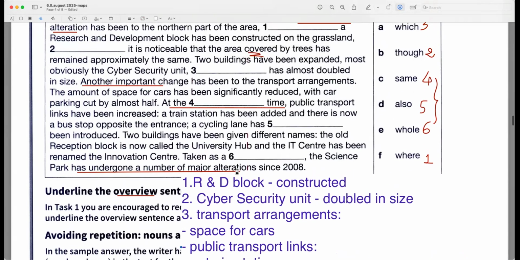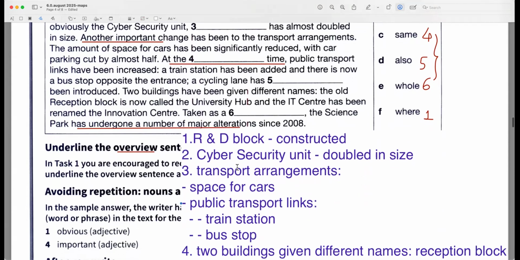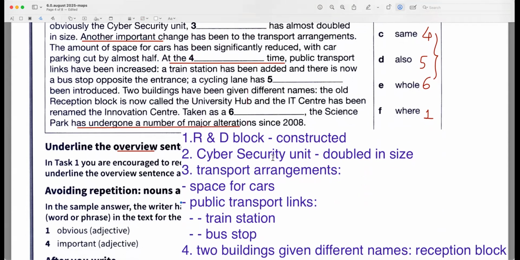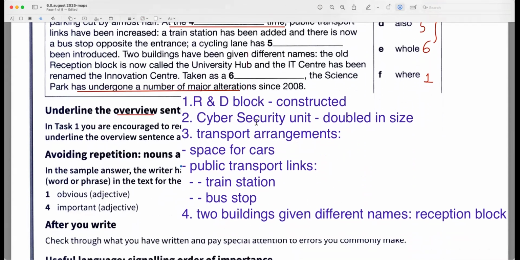Alterations is like developments. But for the overview, you can write a sentence like this: undergo a number of major alterations, but you can also mention alterations about what, like alterations about facilities, or alterations about transport, or something. So from the changes, can you summarize, can you generalize the major alterations that happen in the science park?